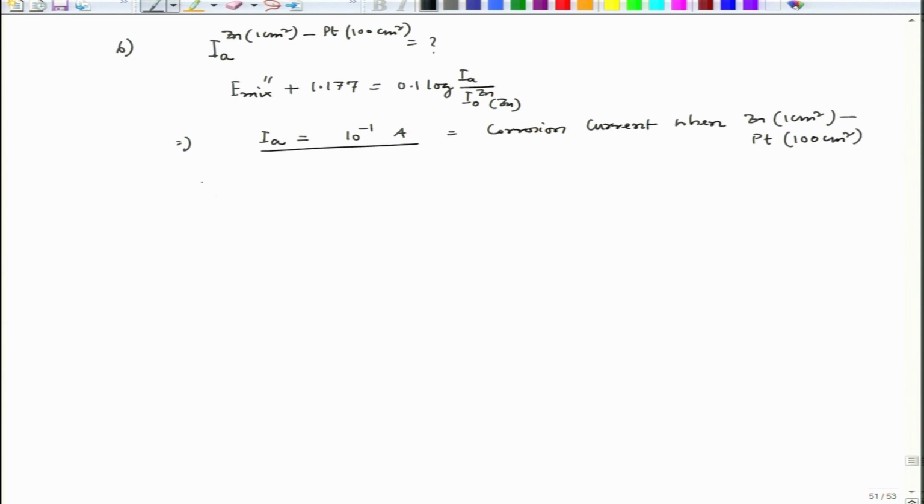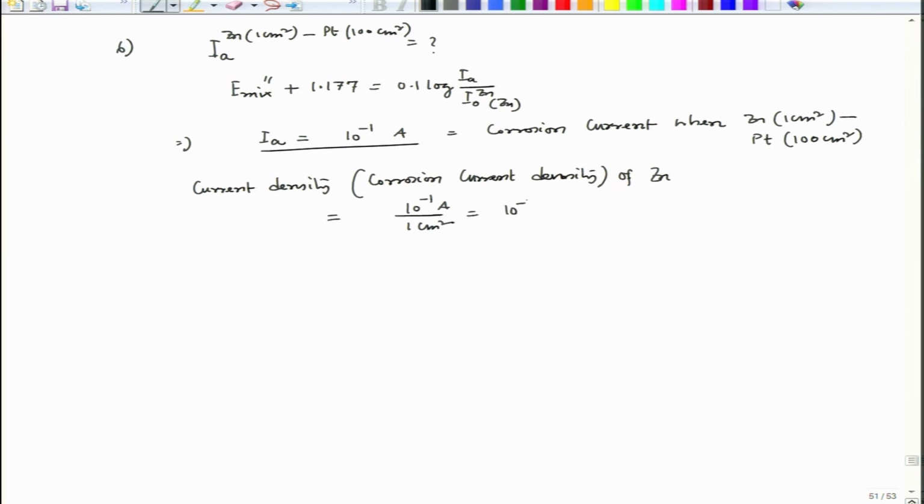Now, if I try to calculate the current density, or corrosion current density of zinc, this will be equal to 10 to the power minus 1 ampere per centimeter square, because the zinc area has not changed.